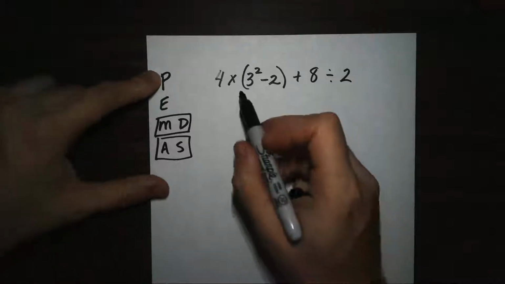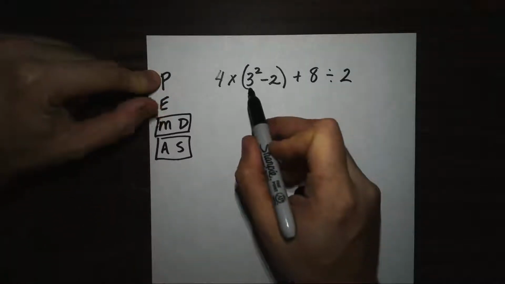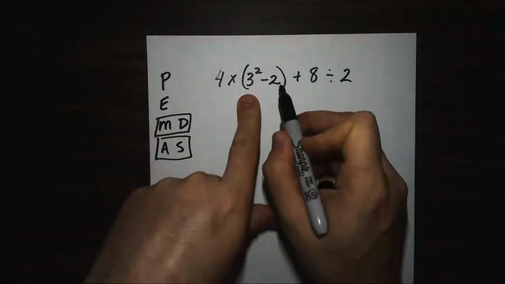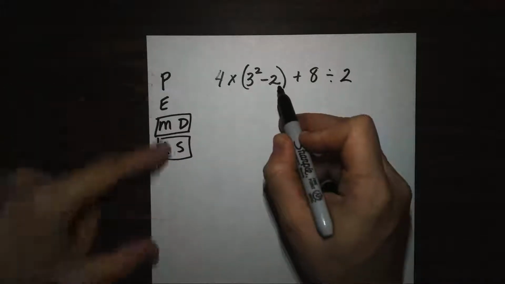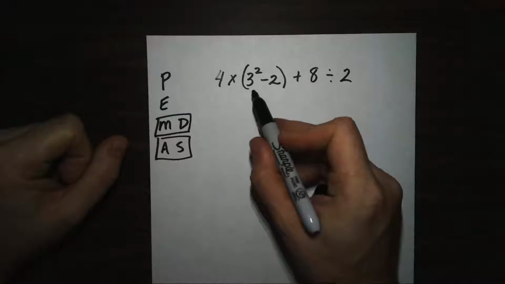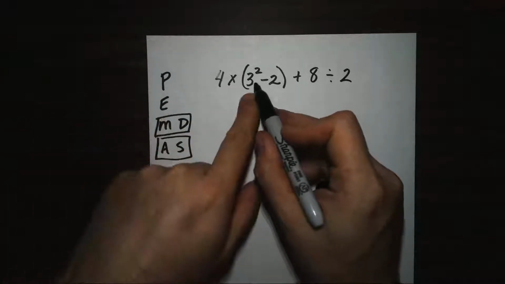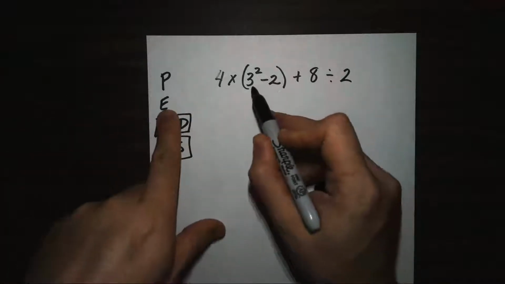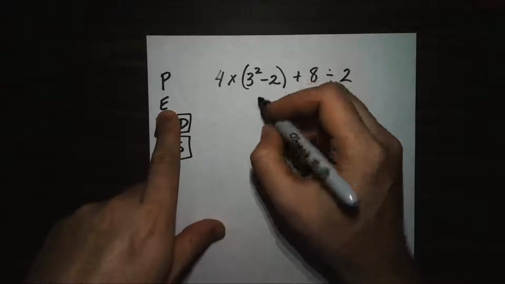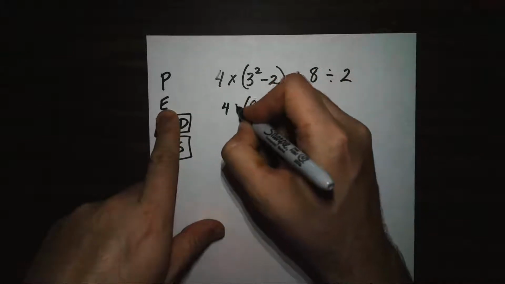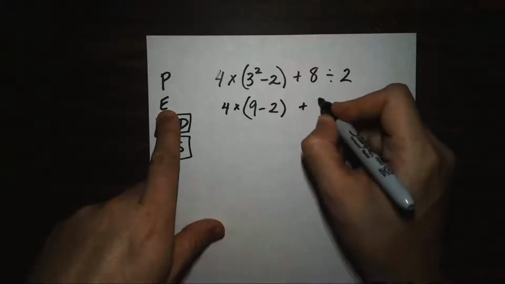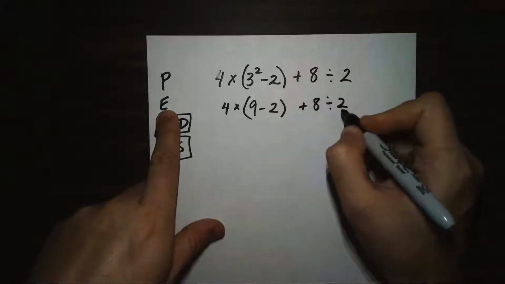So when we're doing parentheses first, when we get inside the parentheses, we're looking for any more parentheses. In this case, there aren't any, but we start all over again with our order of operations within the parentheses. So there aren't any more parentheses inside them, but there is an exponent. So we're going to do the 3 squared part inside there first. So when I rewrite everything, I'm keeping the parentheses because I'm not done with inside there yet.